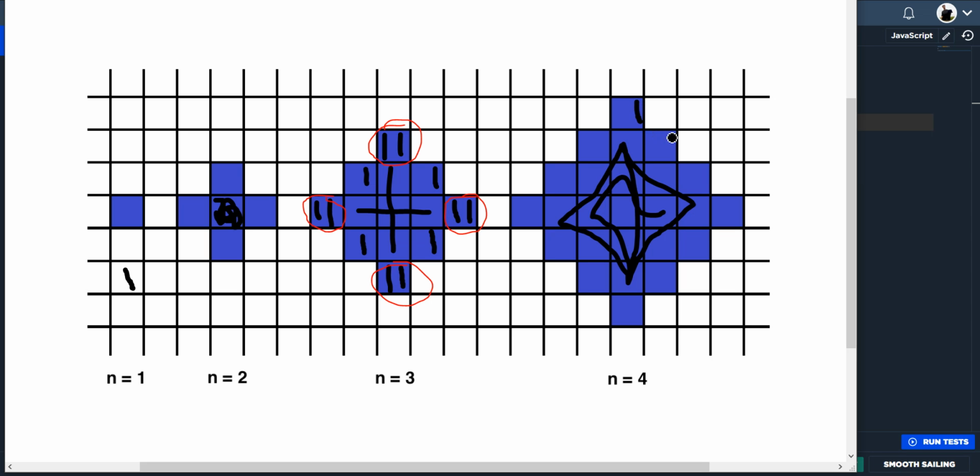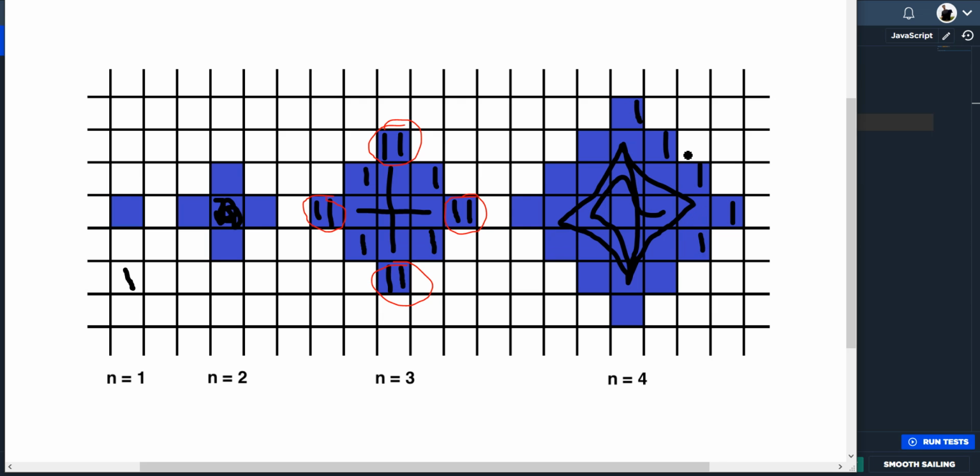So 1, 2, 3, 4. So when n is equal to 4, we've got 4 additional squares on each side as well. We're counting 4 sides, so we can just do 4 times 4, and that would give us 16.